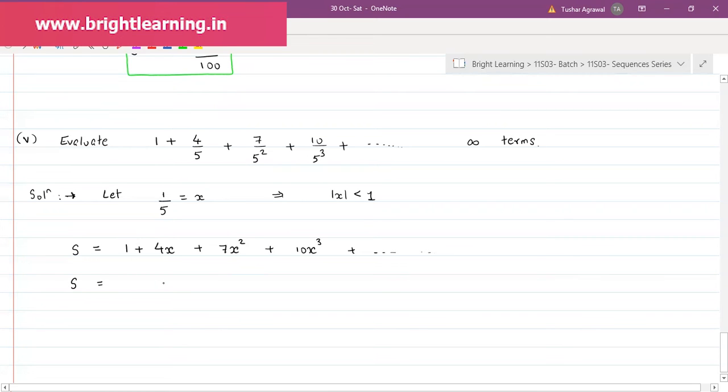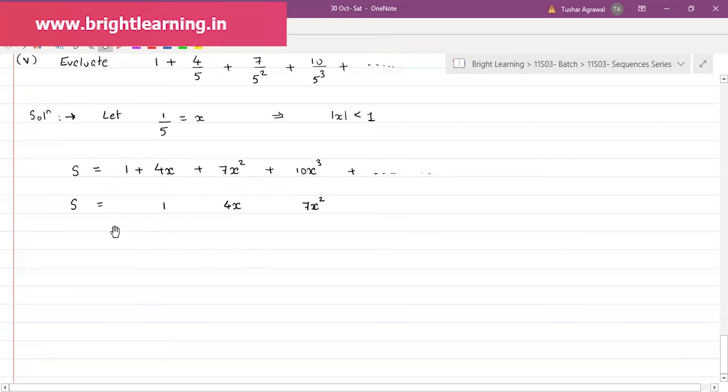Now I cannot write here just 1 plus 4x plus 7x square. That will be futile, because I cannot do the subtraction of 10x cube minus 7x square.